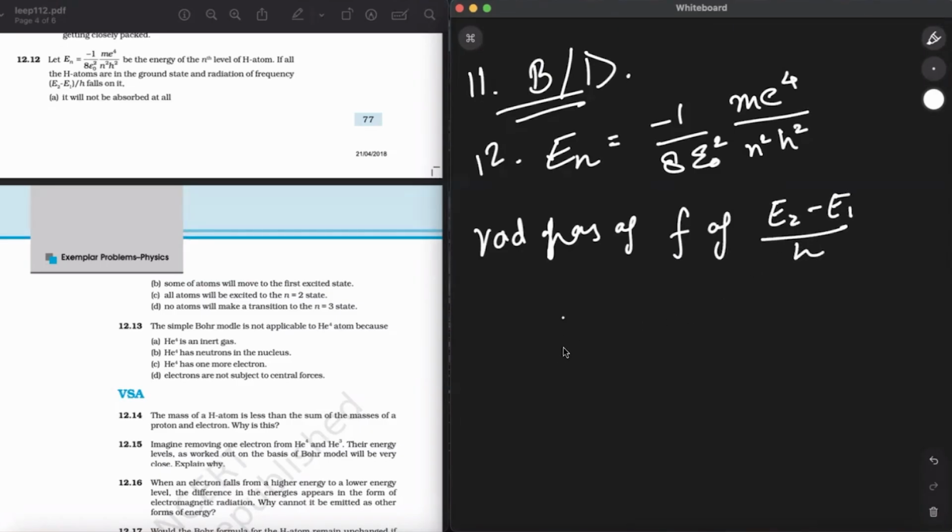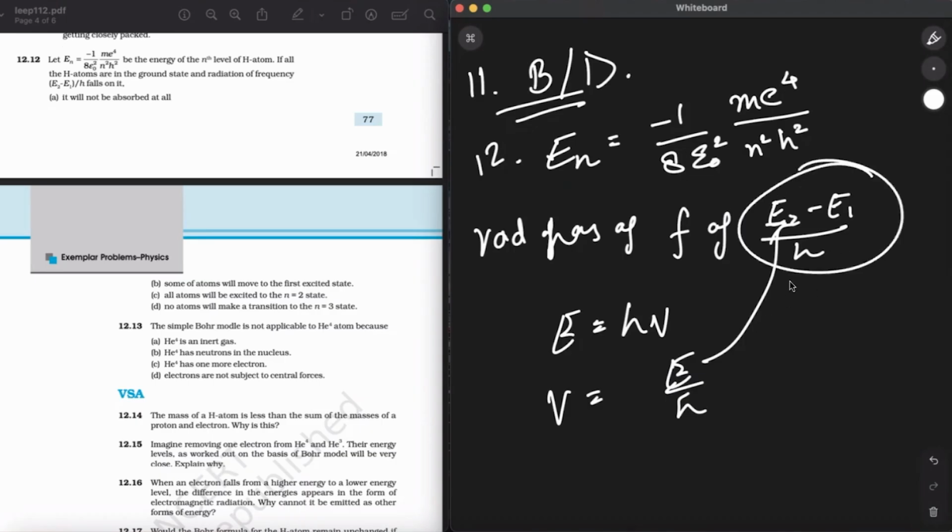Because E is equal to h nu, if you want to calculate nu, it will be E upon h, which here is E2 minus E1, because the atom is changing its state as given in the question. So the energy of the radiation will be E2 minus E1, which is sufficient for absorption. In the first excited state, this frequency can be absorbed. So option A is incorrect.